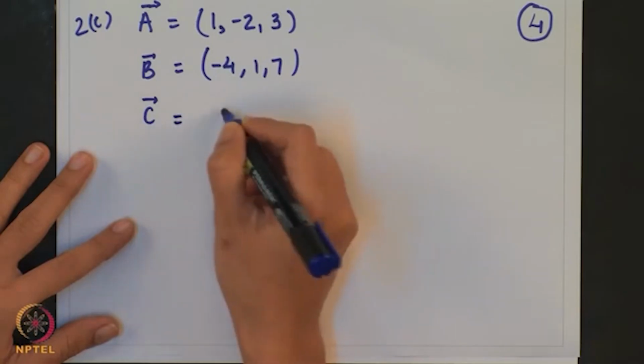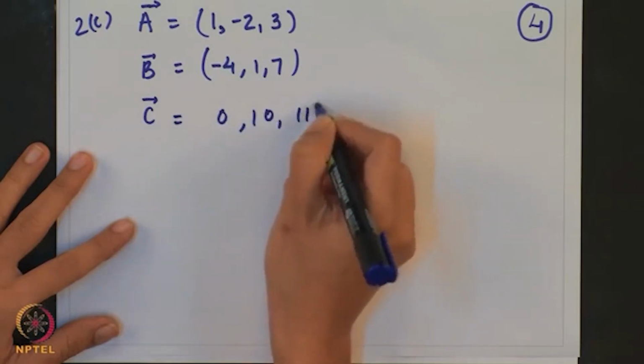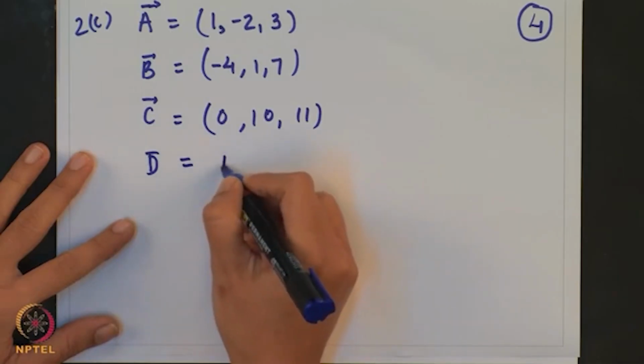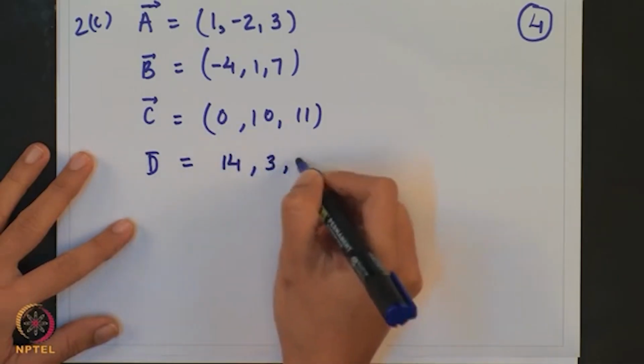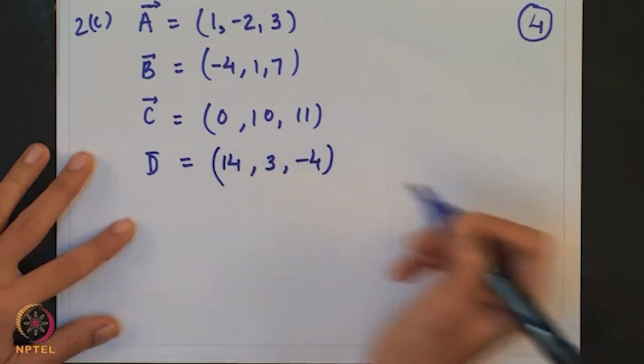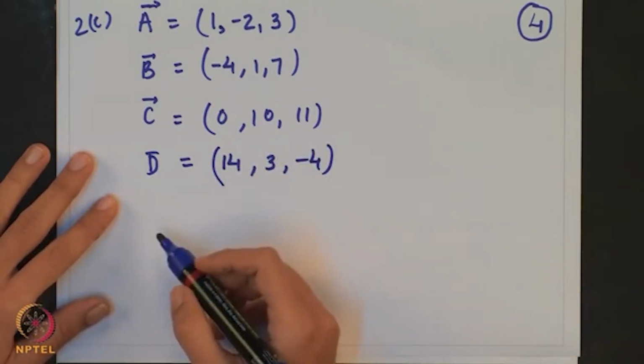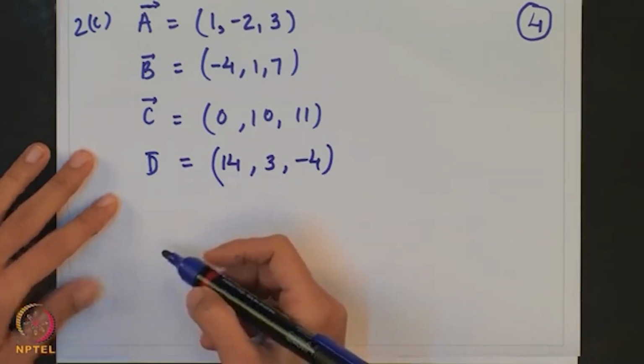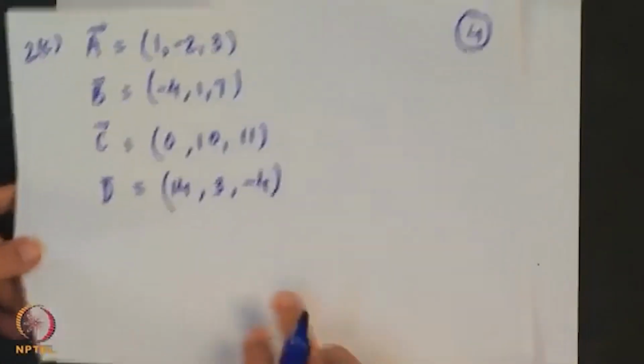C is 0, 10, 11 and vector D is 14, 3 and 4. This you can work out and find out whether these vectors are linearly dependent or linearly independent. It is an exercise, it will take a few minutes to do, not that difficult.